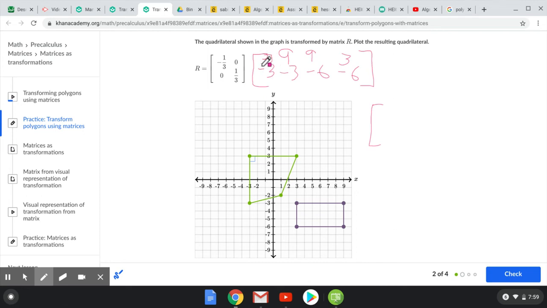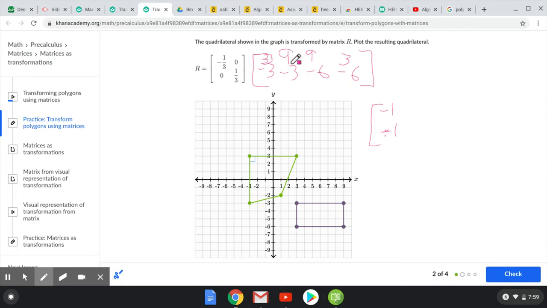So it's just going to be -1. Then I'm going to get my y coordinate, I'm going to do the second row times my first column here. So I get 0 times 3. And then 1/3 times -3 is just -1. So that's my first point. -1, -1 is my first point.